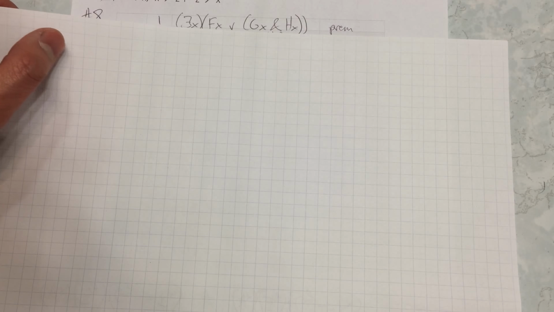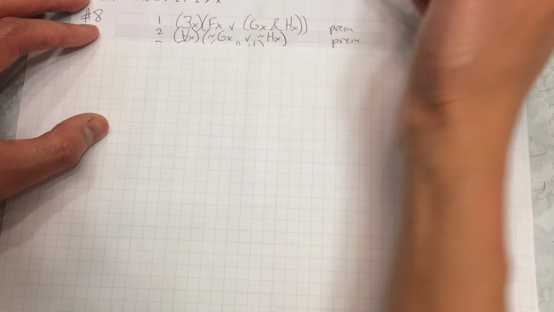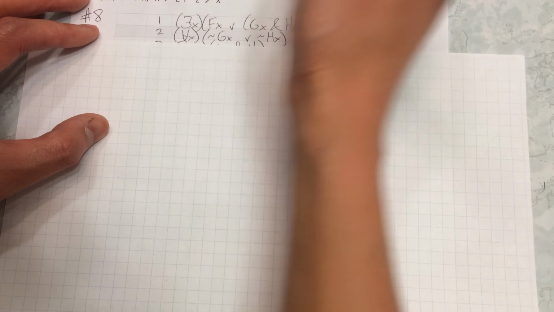We've got two premises, I'm sorry. It's comma, for all x.